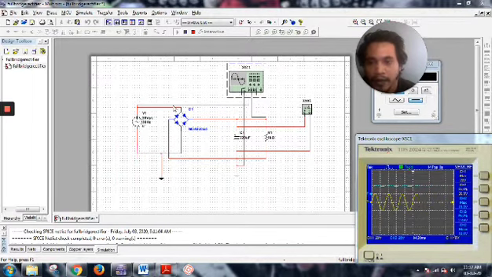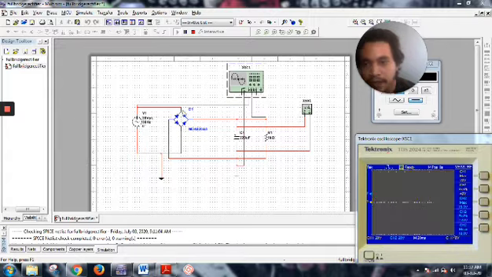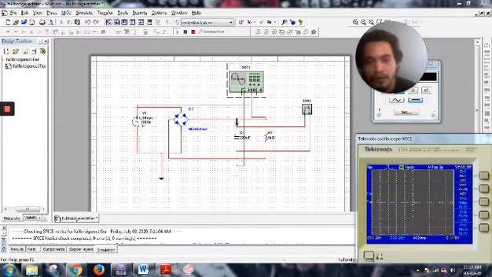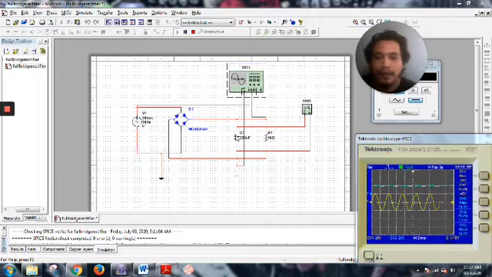When the current transfers to these diodes, these two diodes will allow the current and these two are reverse biased. So it goes through the load, which is R1 and capacitor 1, and transfers back to the diode.